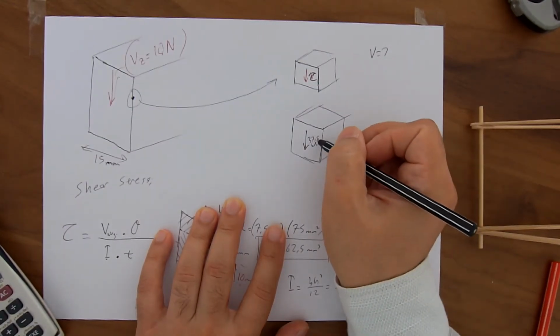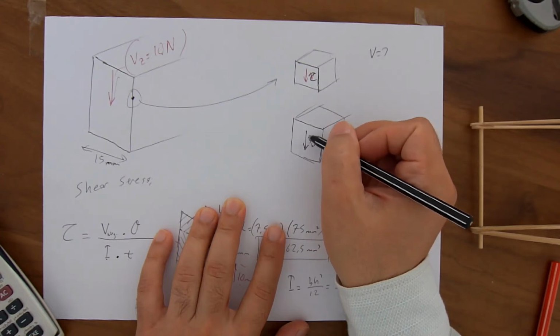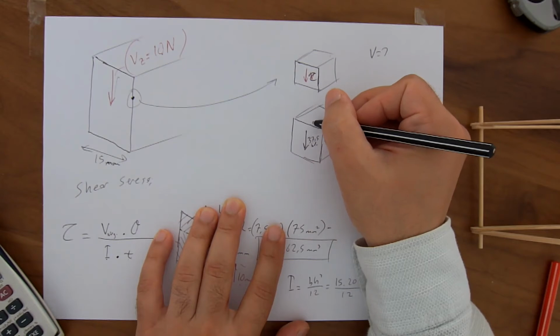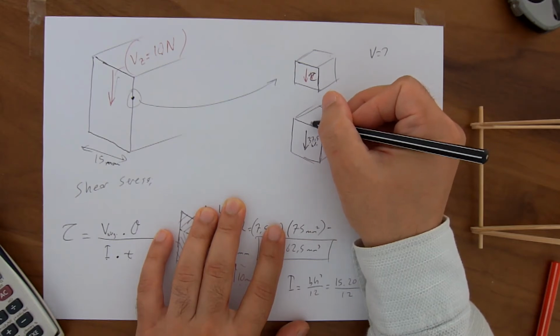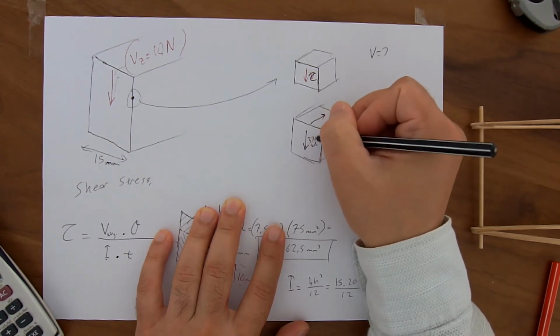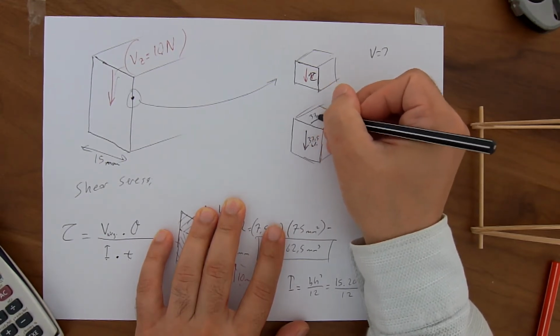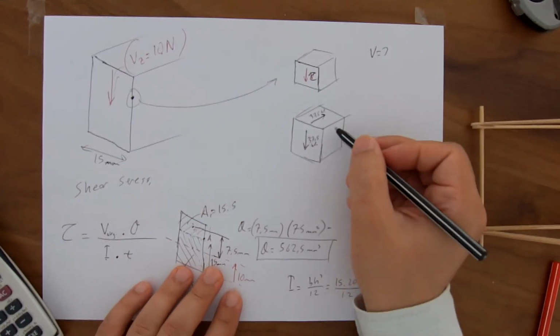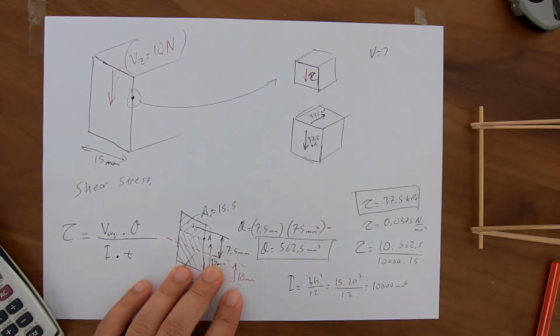If we have got 37.5 kilopascal shear stress on this face, there is a complementary shear stress on the top face. So this is the same shear stress. Also on the other faces that we don't see.